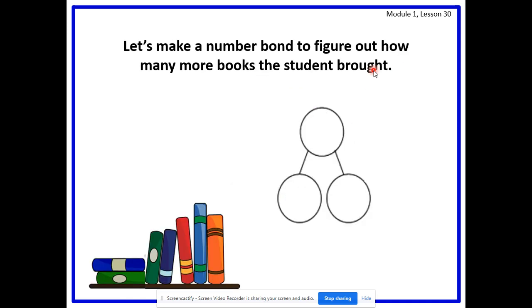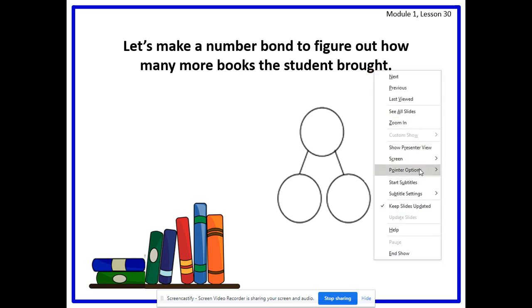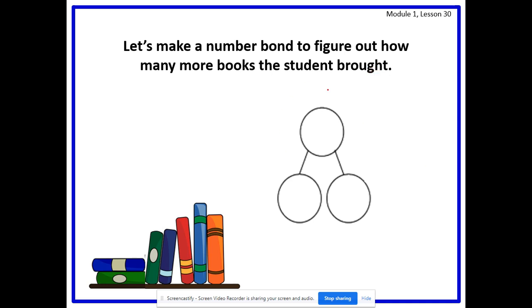Let's make a number bond to figure out how many more books the student brought. Let me take out my pen. Go ahead and make a number bond on your paper. So how many books do I have in total? Look at my bookcase. Get ready.